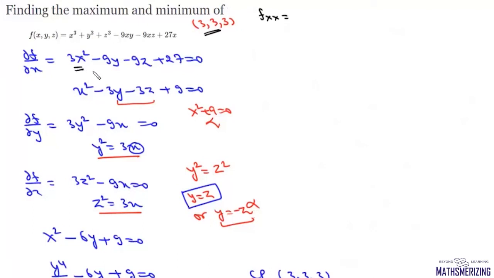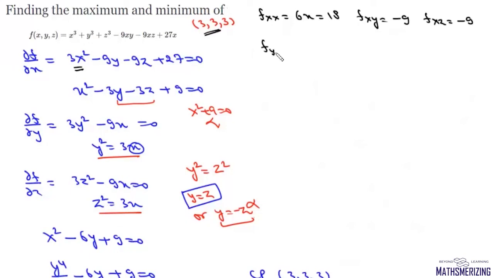Now fxx will be simply 6x, and in this case it'll be 18. Fxy, we'll differentiate this with respect to x, we'll get minus 9, and then fxz. Fxz will be simply minus 9 again.